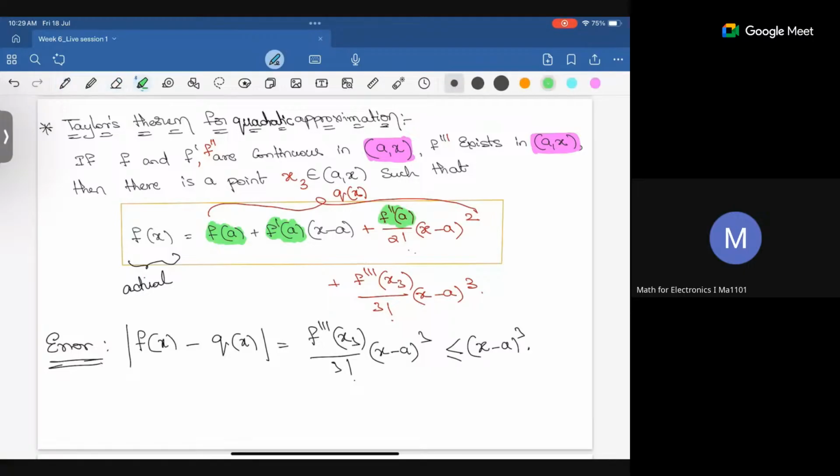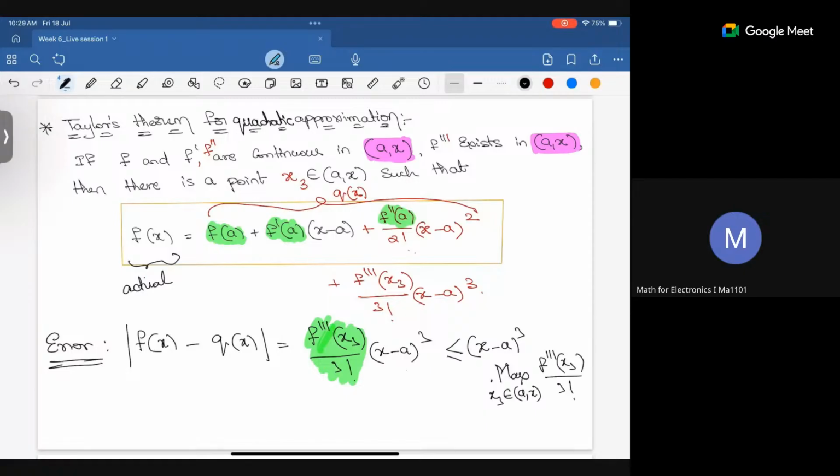So you see, this term will have a maximum value, so we can bound it using that. We say x3 is in the interval a comma x, so x minus a whole cube into max of.